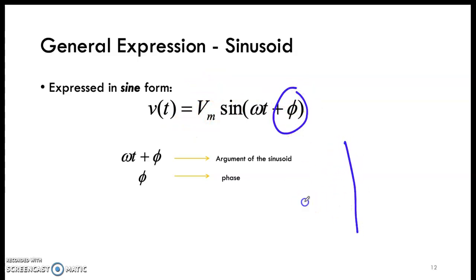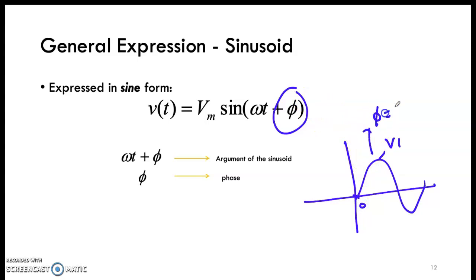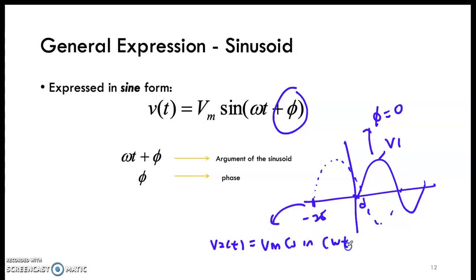So how do you get the phase? Let's say this is V1. The phase here starts where? It starts at 0, right? So for this one, the phase is equal to 0, no phase. So let's say it starts with 25, and then you can have another graph here. What will be the graph here? V2 of t is equal to Vm sine omega t minus 25.